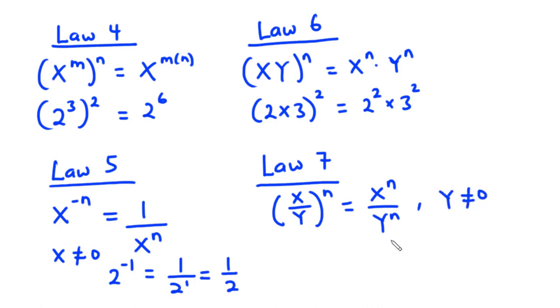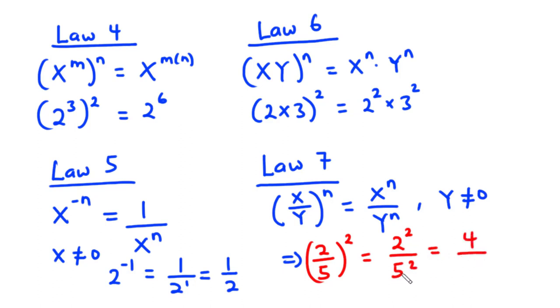If y is equal to 0, it makes the expression undefined. So let's say you have 2 over 5, all exponents 2. Now this is equal to 2 exponent 2 divided by 5 exponent 2. Now 2 exponent 2 is 4, and then 5 exponent 2 is 25.